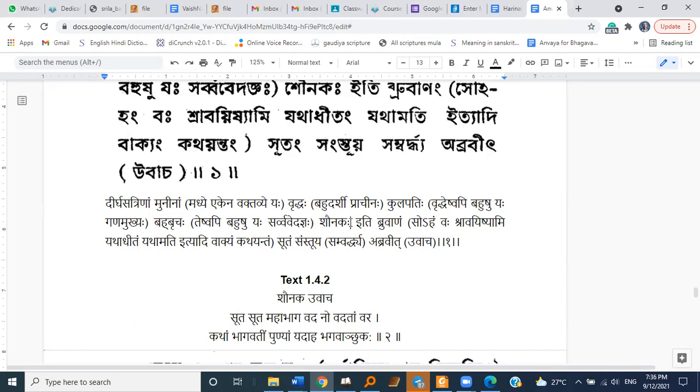Yeah. So he was the chief of all those rishis, and it's quite reverential to be the chief amongst 88,000 rishis.